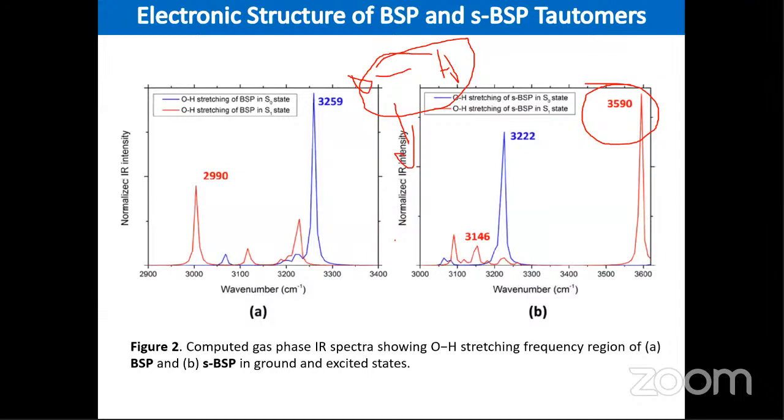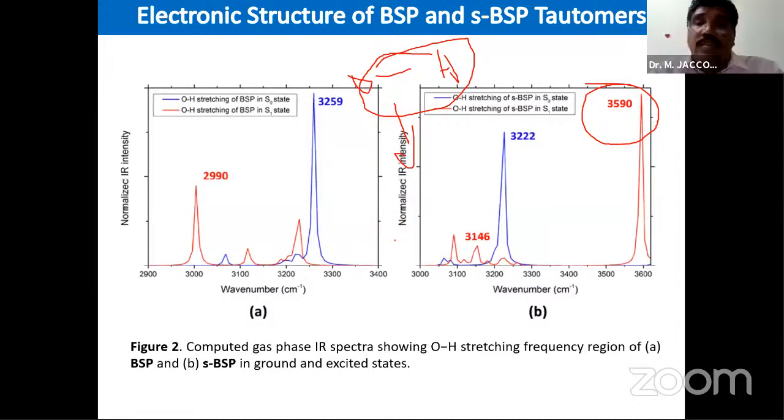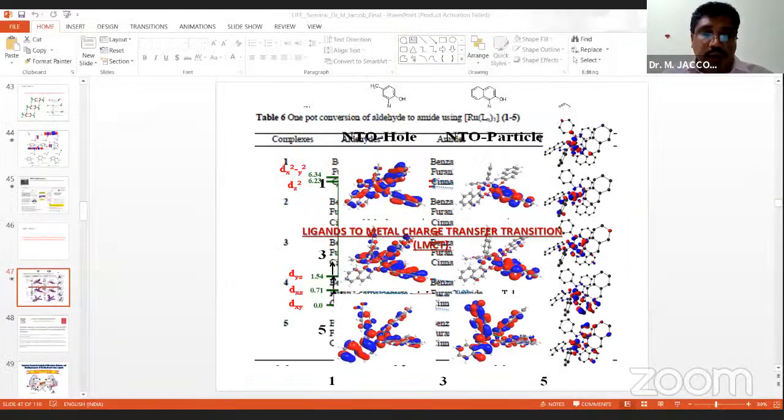No, sir. So whatever functional and basis set you are using, there will be a scaling factor. You have to apply it. For example, for B3LYP 6-31G star, I remember 0.9825. You have to multiply it with 3,590.